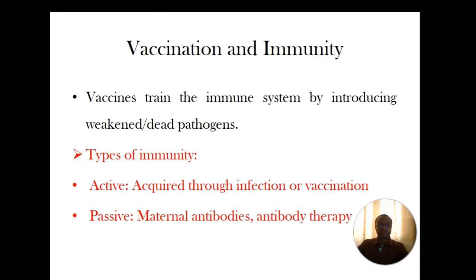There are types of immunity, like naturally acquired active immunity. This active acquired immunity is where antibodies are produced through infections. And when we come to artificially acquired active immunity, the antibody is produced through the vaccination process.